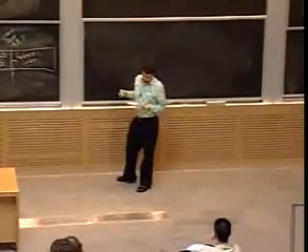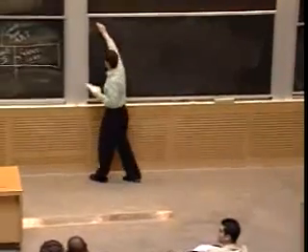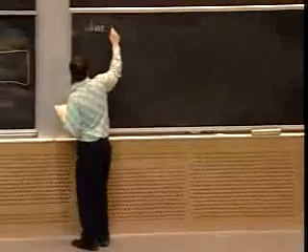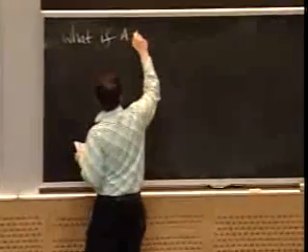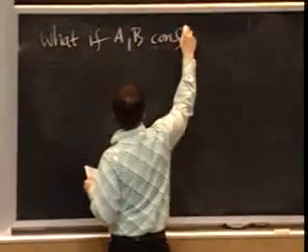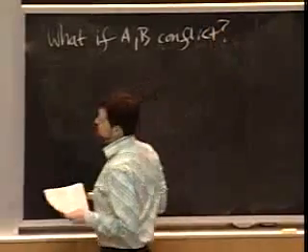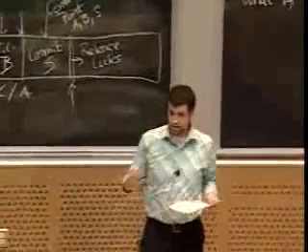Okay. So there's one last detail that I've sort of brushed over here that we hinted at a little bit a minute ago. And this is the problem, which is, what if A and B conflict with each other? So we said A and B might both update the same bank account balance, right?